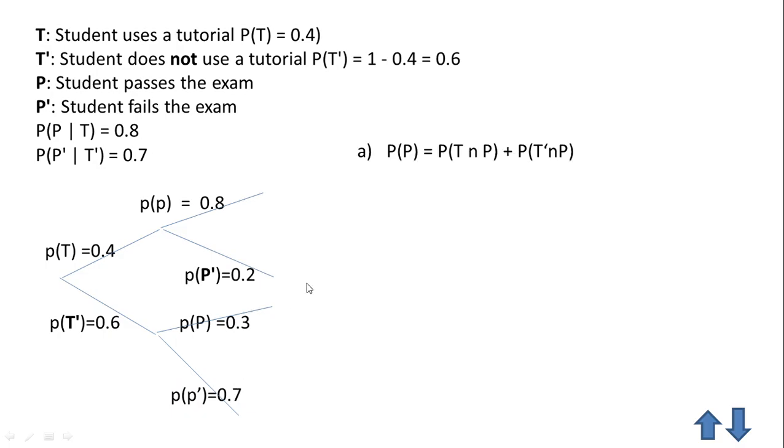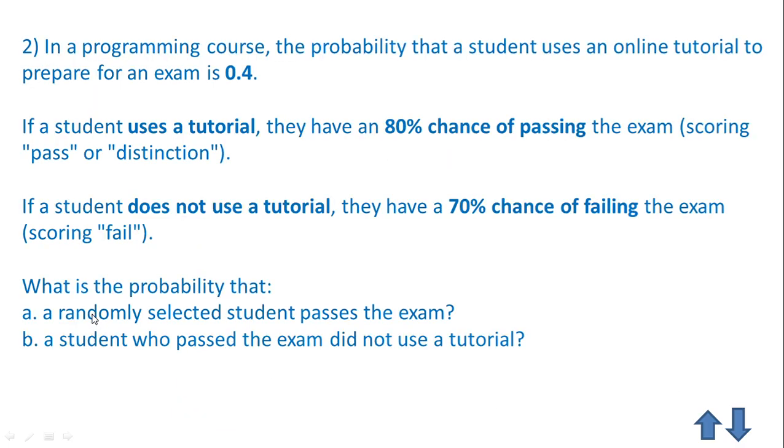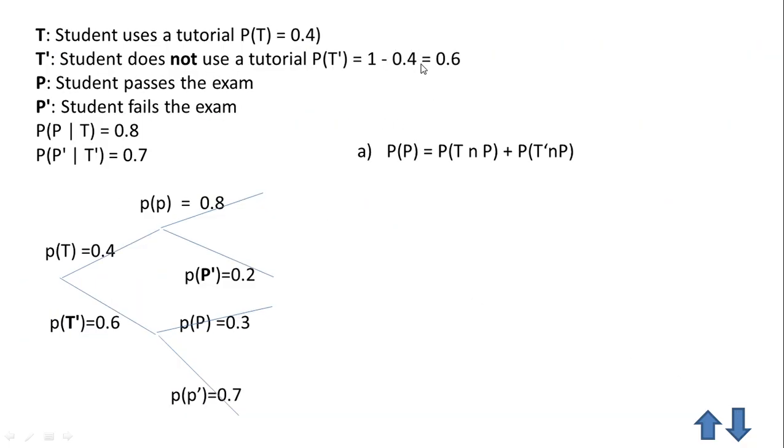Now they want us to get the probability of passing. What is the probability that a student randomly selected passes the exam? So there are two ways of passing. One can pass when you use the tutorial, and one can pass the exam when they did not use the tutorial.